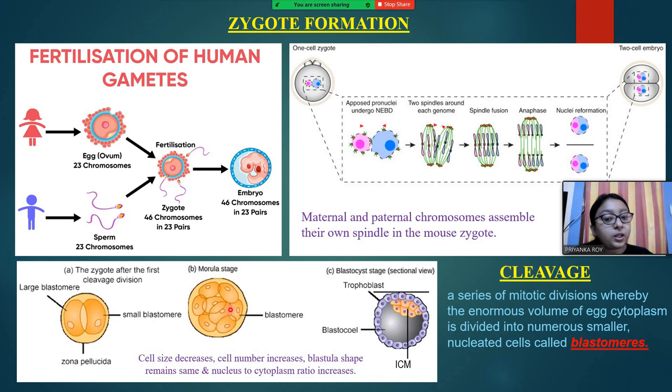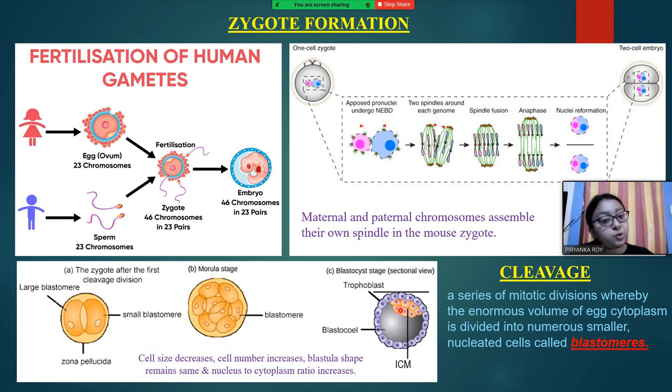After the morula stage, another set of divisions starts and gives rise to the blastocyst stage, which is a hollow wall of cells. As you can see, it has an outer layer of cells known as the trophoblast, a cavity known as the blastocoel, and at one end a small cluster of cells known as the inner cell mass.